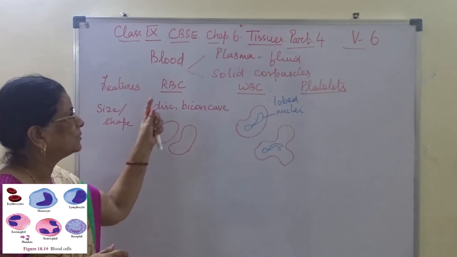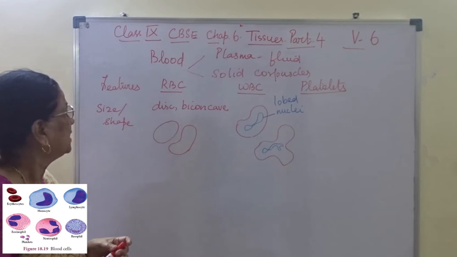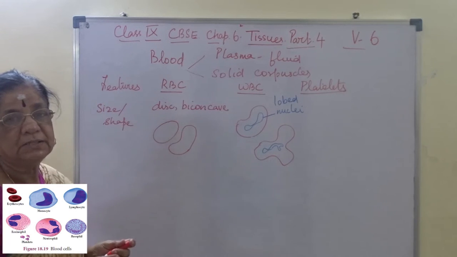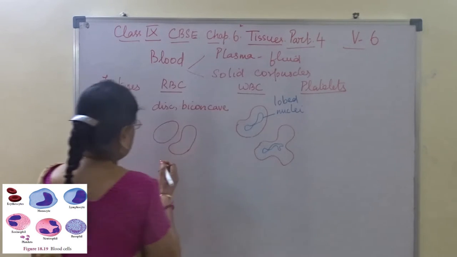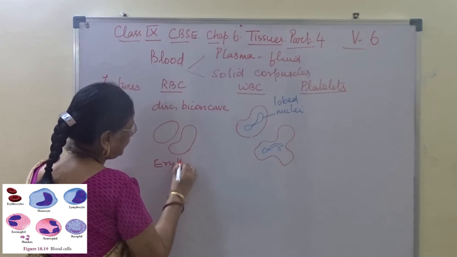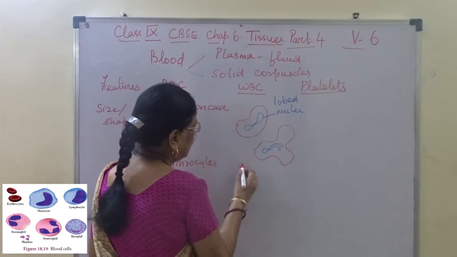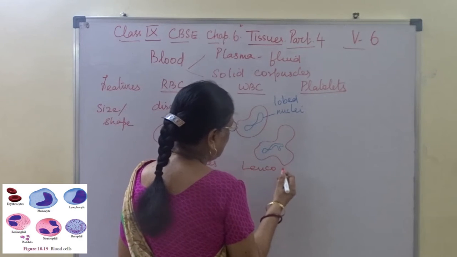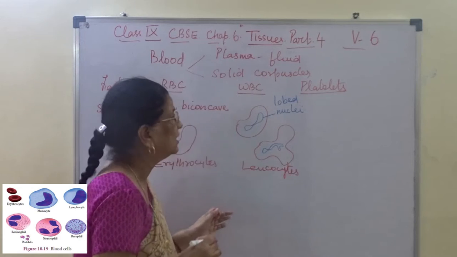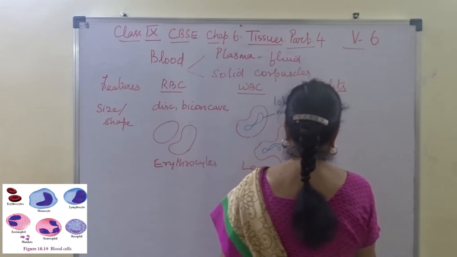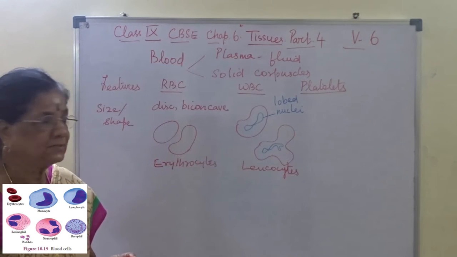RBC is red blood corpuscles, also called erythrocytes. WBC is white blood corpuscles or leukocytes. And blood platelets are also called thrombocytes or megakaryocytes. I hope you understand this.